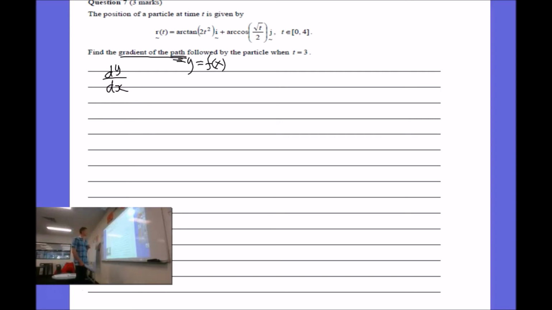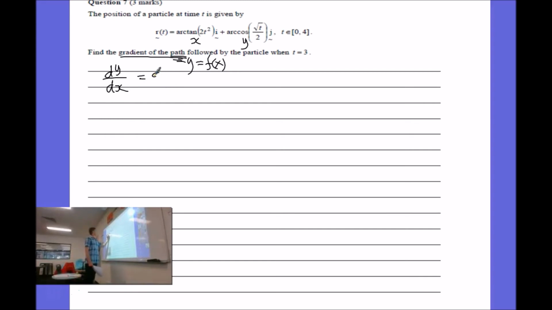Okay, so we're determining dy dx. So from the position vector, this function here is our x function of t, and this function here is our y function of t. So based on that, we're looking at combining those two to get an overall dy dx.